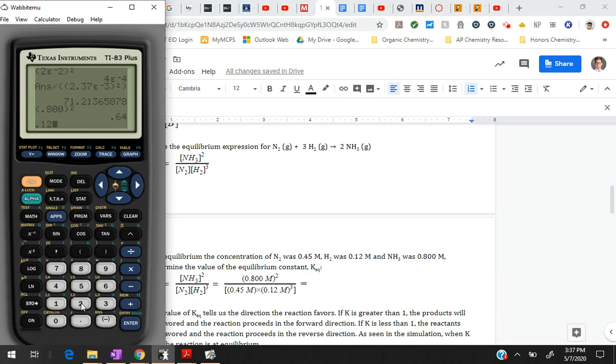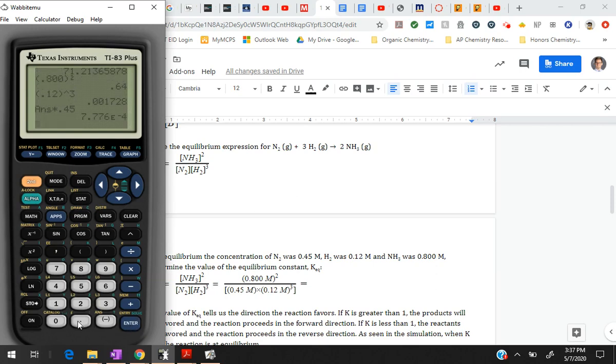We've got 0.12 cubed, that is 0.001728. And then next order of operations, I take care of the multiplication before the division. So I need to multiply this by 0.45, which is my concentration of N2, and I get a really small number.